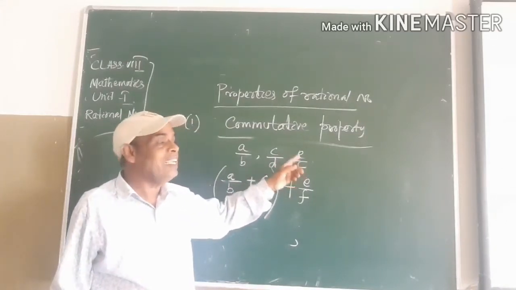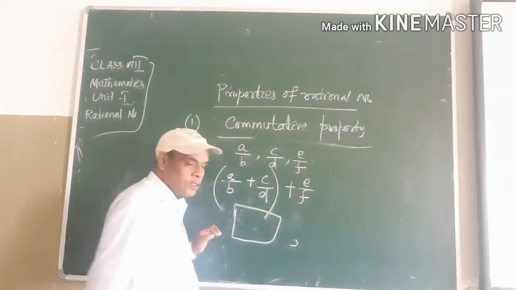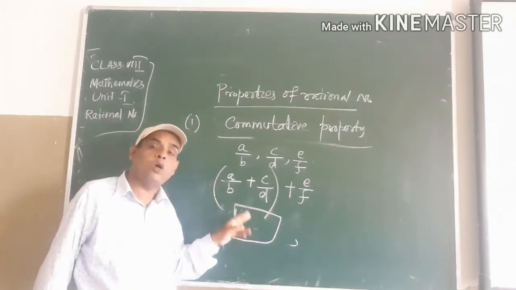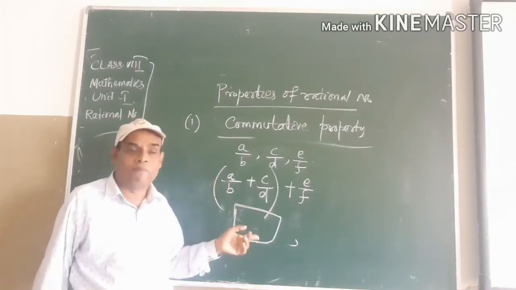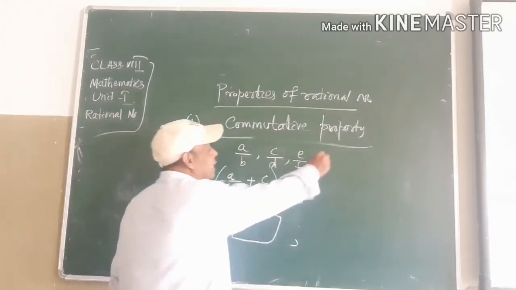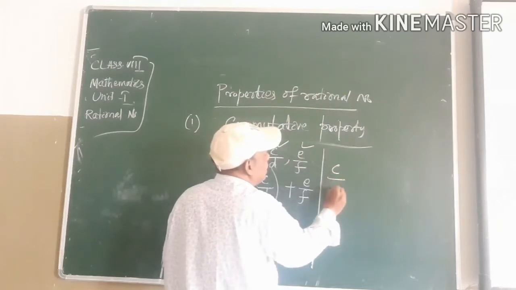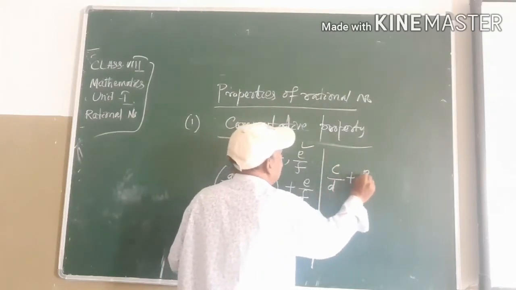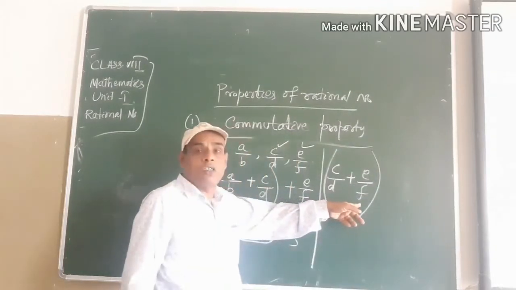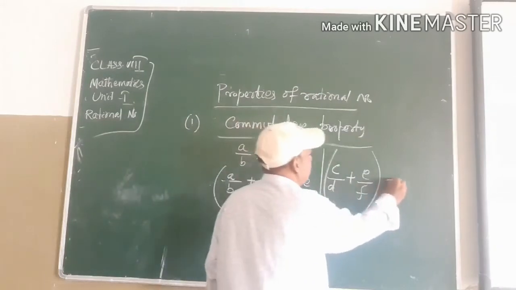So ultimately I will get a final result. So we have to remember, this final result also will be same. Whenever we add this way, it means these two numbers, first we take c by d with e by f, and whatever the result we will get, that will be added to a by b.